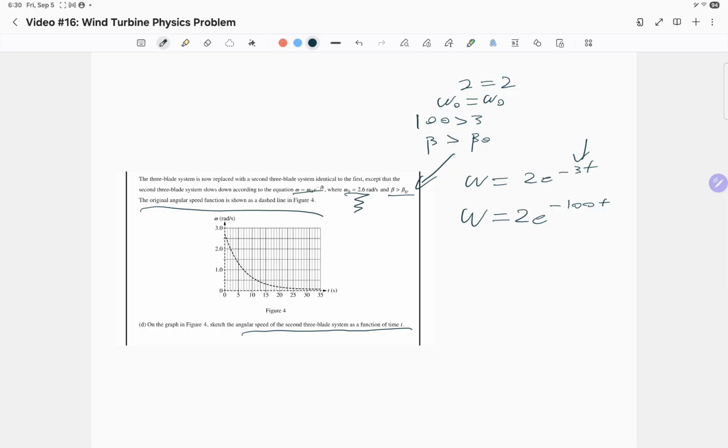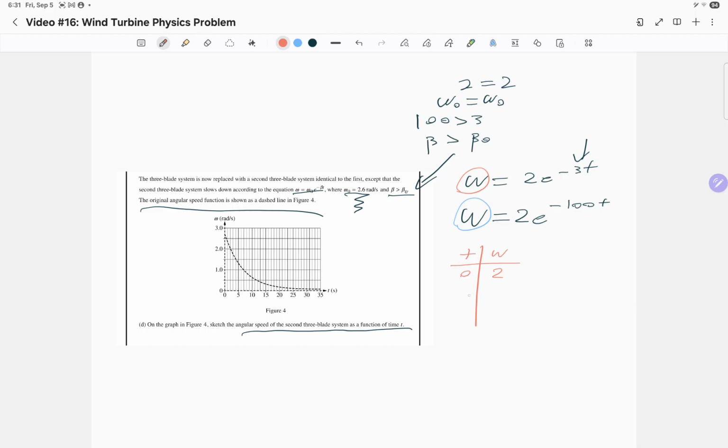If we look at these two graphs, the graph is going to approach 0 much, much quicker. I used two different colors here, red and blue. If we make a table for red of time and angular velocity, if we plug in 0, angular velocity is 2.